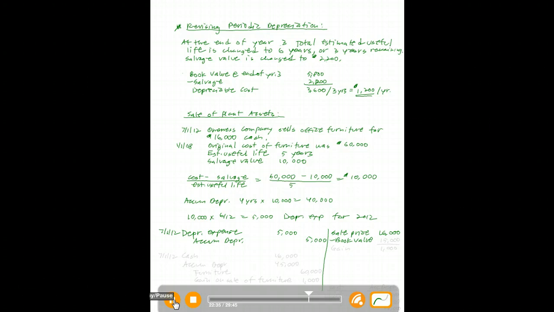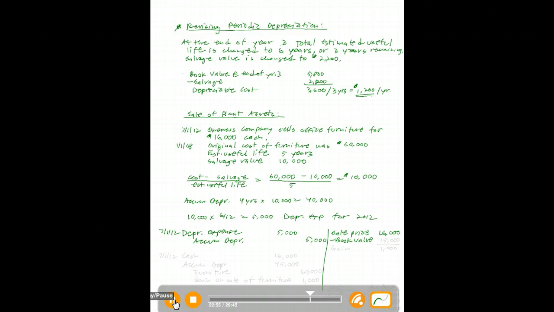Okay, well, what is the book value? Remember, book value is cost minus accumulated depreciation. Well, our cost is 60,000, and our accumulated depreciation is the 40,000 plus the 5,000, so 45,000.